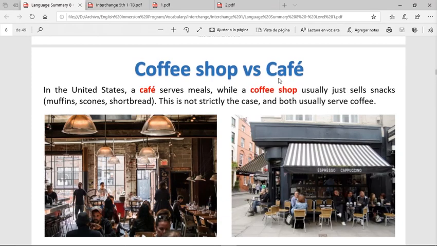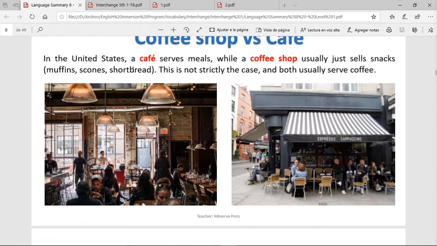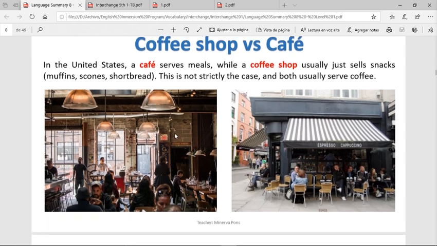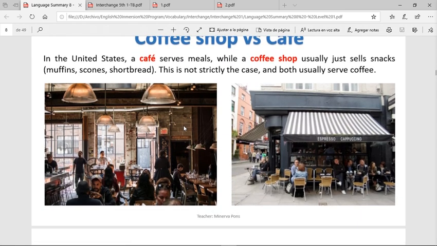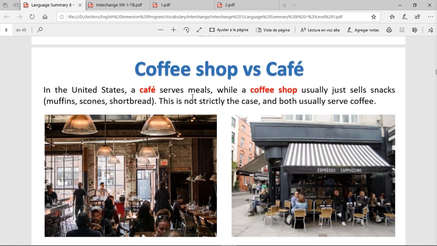Coffee shop versus cafe. In the United States, a cafe serves meals, while a coffee shop usually just sells snacks, muffins, cones, shortbread. This is not strictly the case, and both usually serve coffee. Okay, these are two types of places where you can just stay a couple of hours or minutes, maybe talk with a person, and usually it's where you get a cup of coffee or something like that.